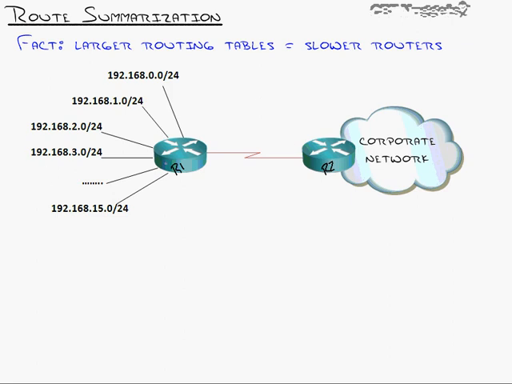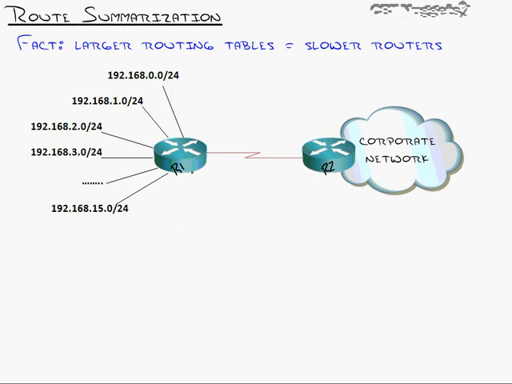Well, if router 1 knows that it's down, router 2 will send a packet, the very first packet, to router 1, and router 1 will just reply and say, ICMP unreachable. You can't get there from here. So router 1 will take care of any packets that are going to that network because it knows that it's down. So in the big picture, it really doesn't make too much sense for router 2 to know the specifics about those networks. So here's what we can do.